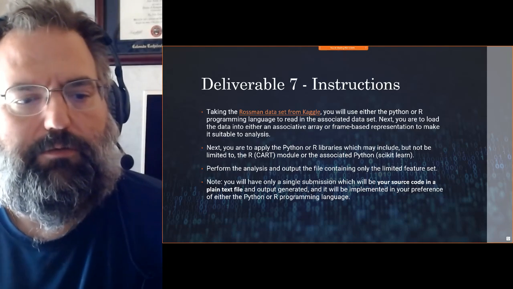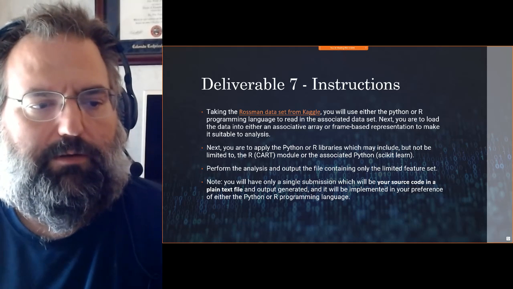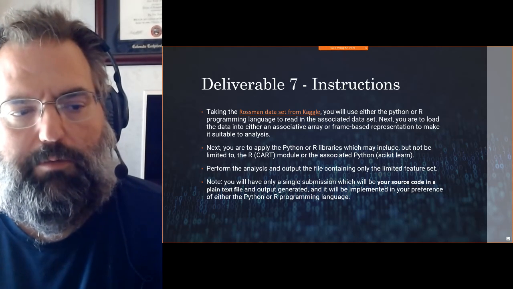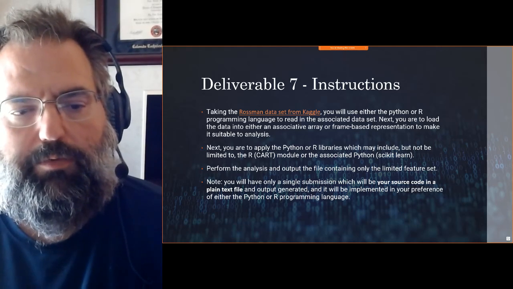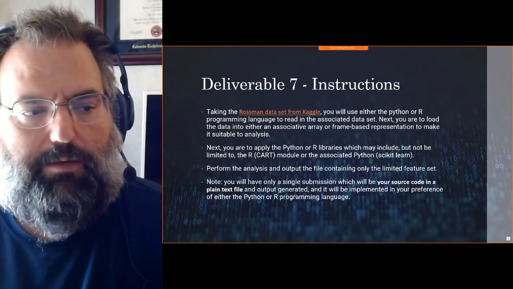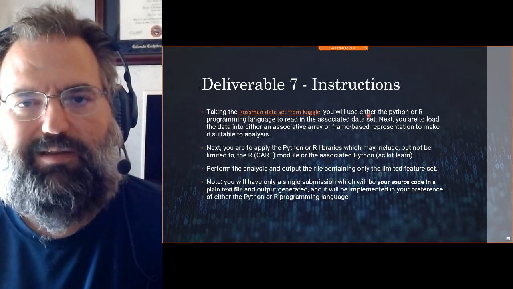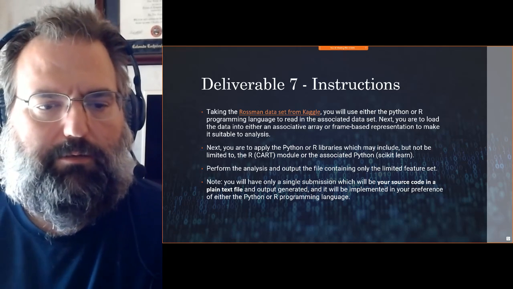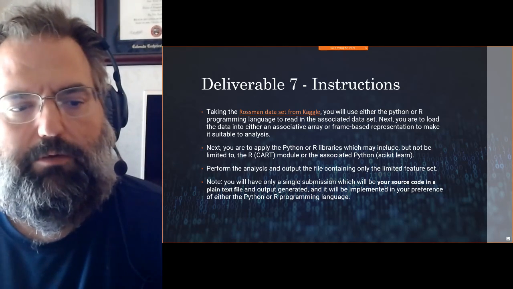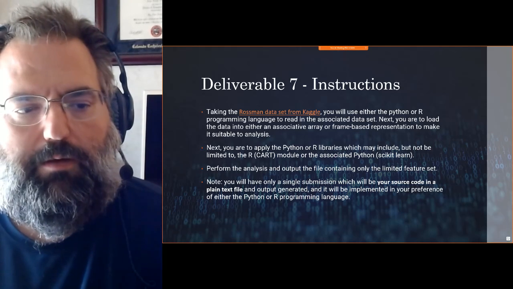So the instructions, basically drilling into that a bit more: you'll use the Rossmann dataset, and then you will use either Python or R. In this case you get to pick, and that's a key difference on this project. It's not an and for this project. And you want to read in the associated data sets.